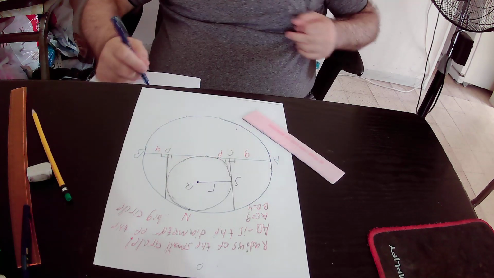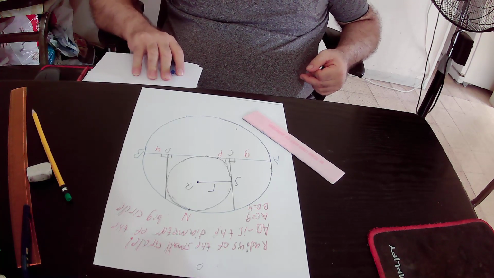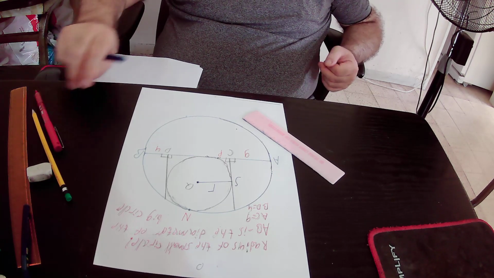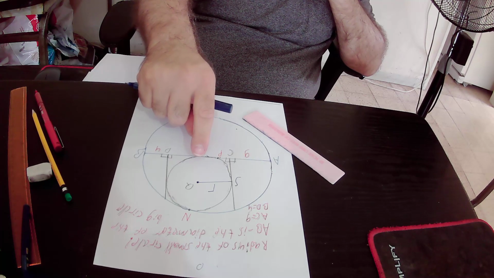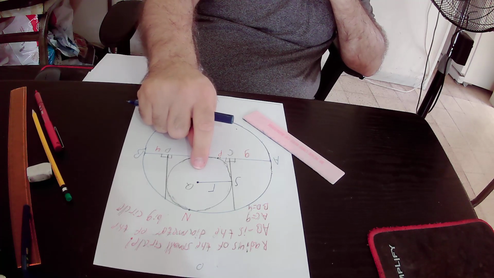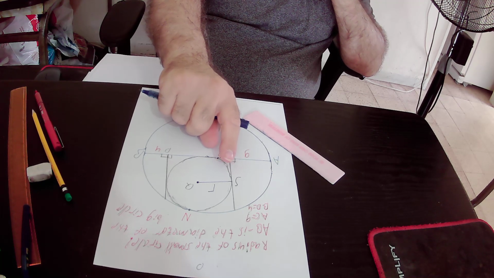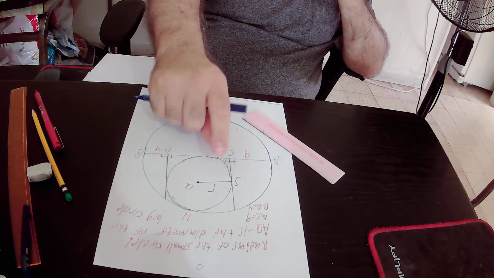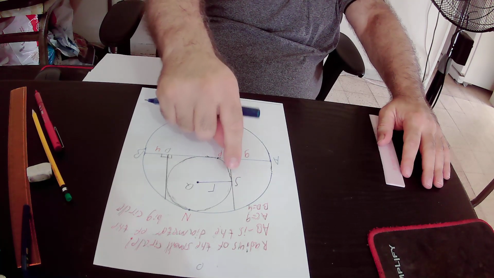Again, the radius of the small circle starts from the center of the circle, that is point Q, and ends at point S, the tangent point between the tangent and the circle.